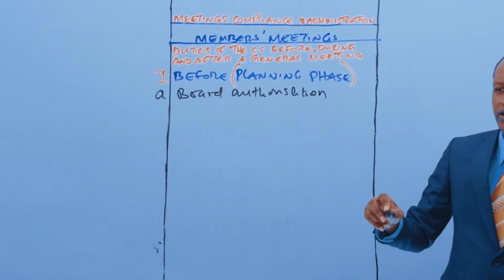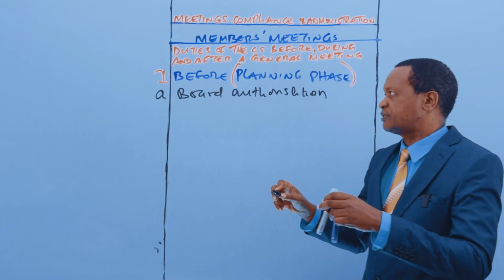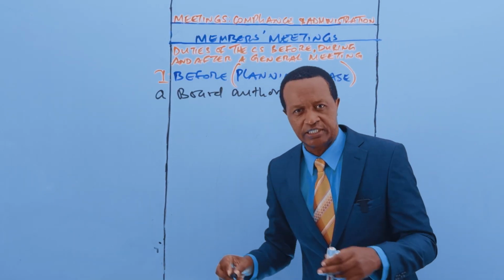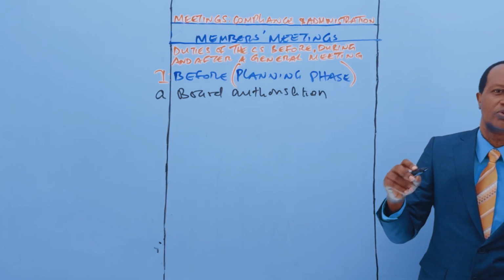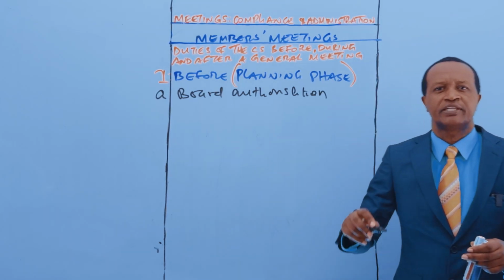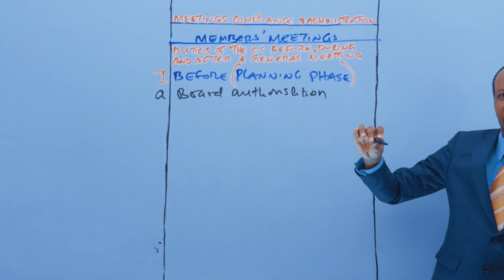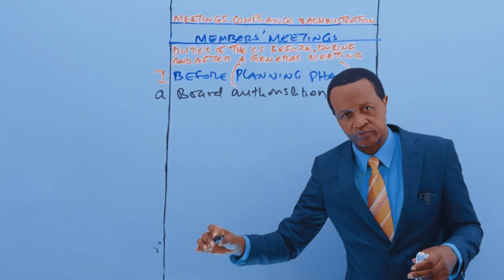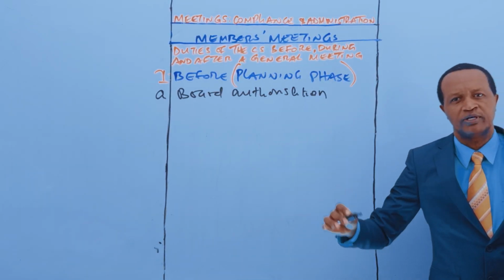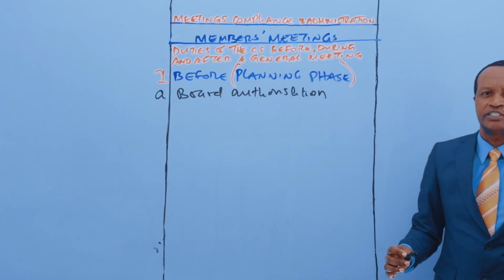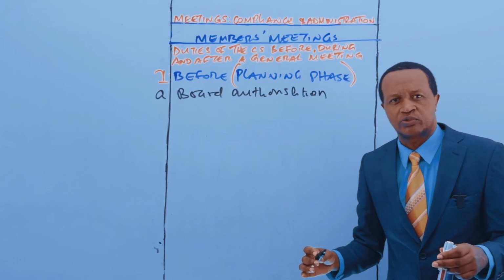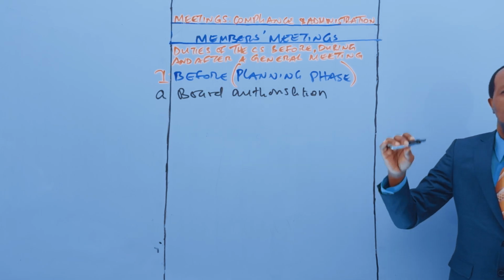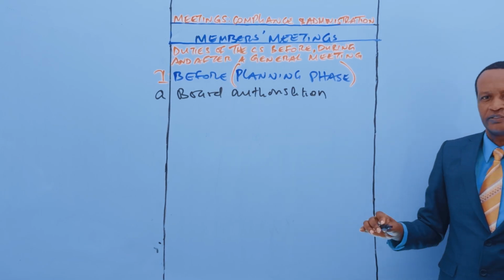There has to be a resolution that is passed by the board to call the general meeting. That is the role of the corporate secretary, to prepare the board minutes and the board resolutions. A resolution is a decision, the decision to formally call for the general meeting.